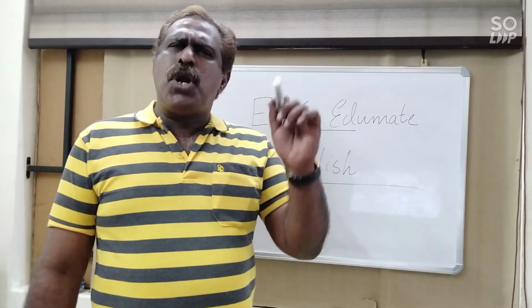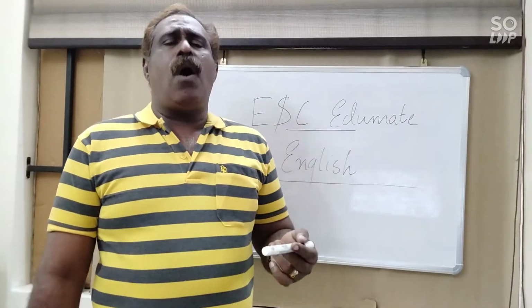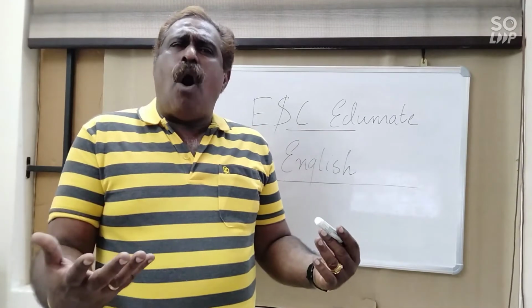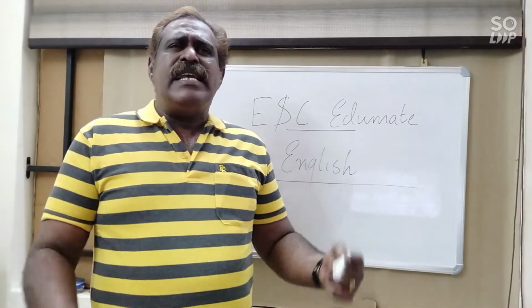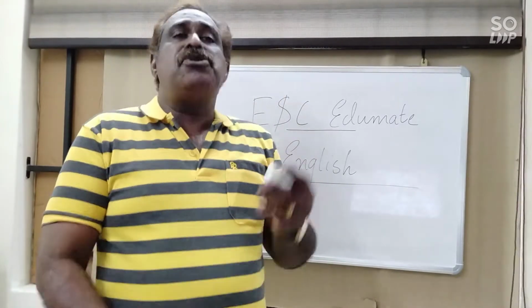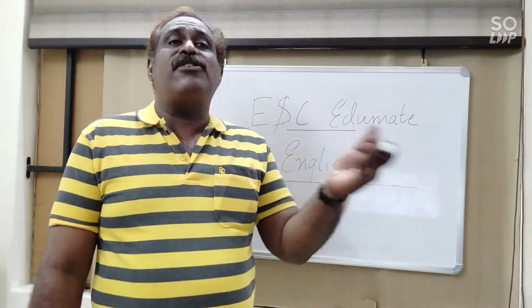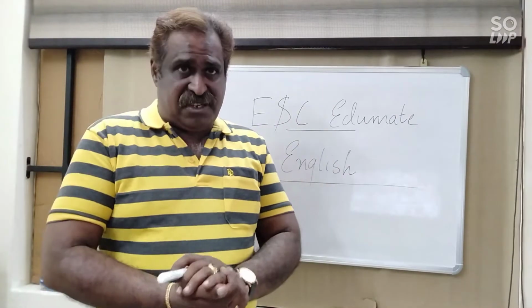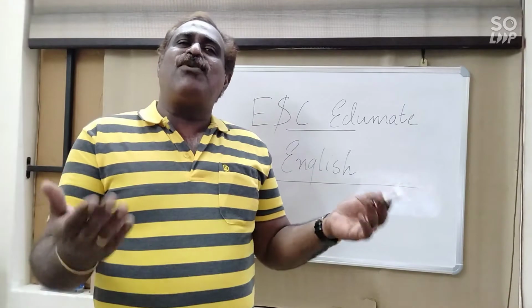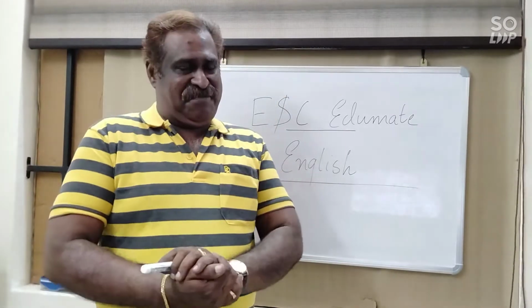If you want to go to other countries or abroad, it's not possible for all human beings to learn each and every country's language. For example, to go to Japan, a person has to learn the Japanese language. In order to go to China, a person has to learn the Chinese language.